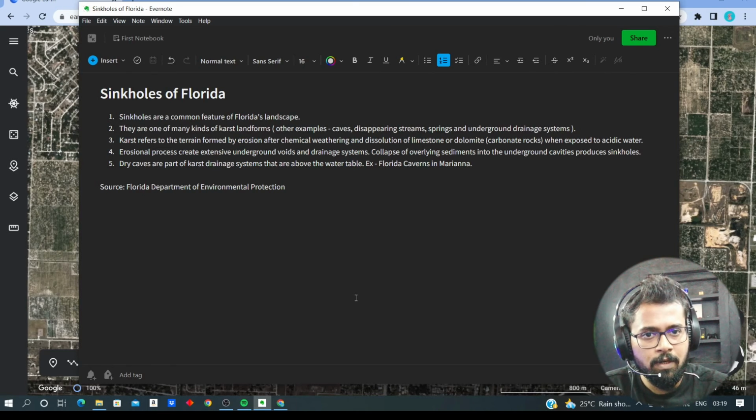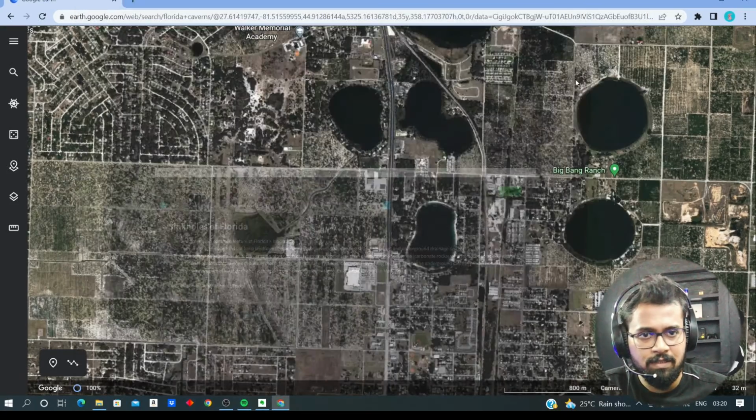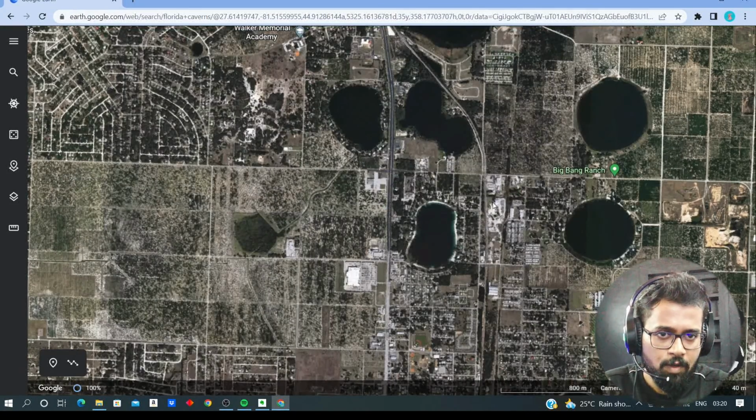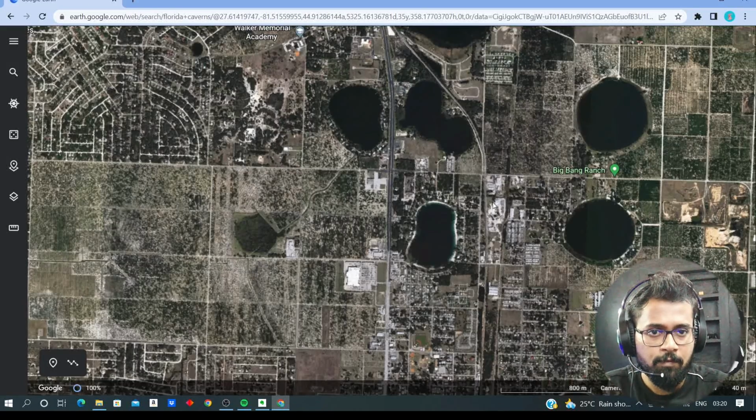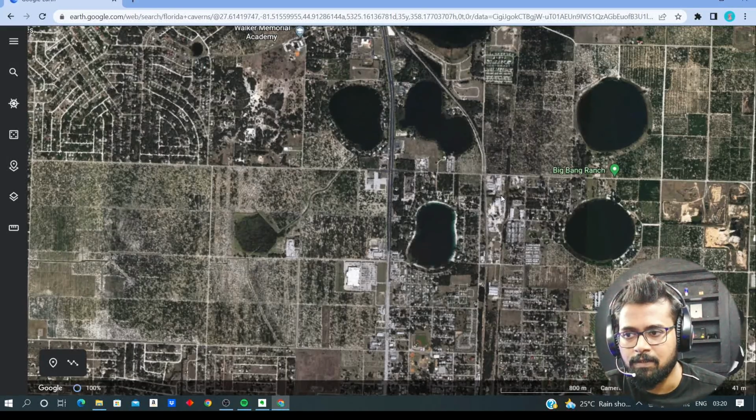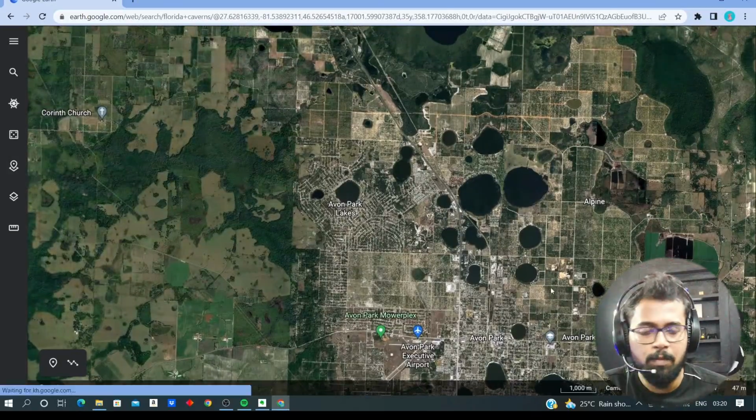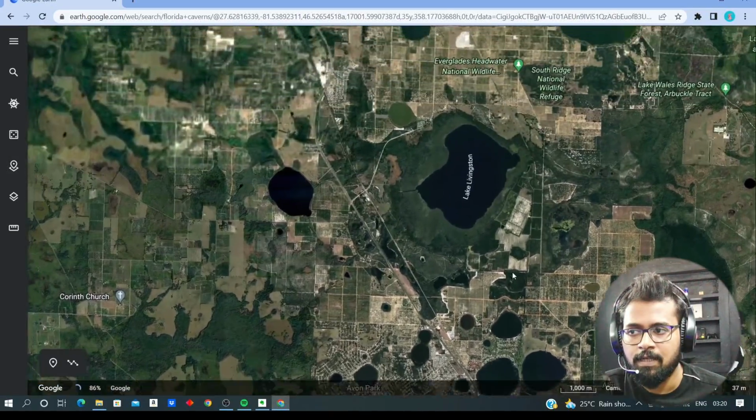I hope you understood this concept. You can apply this in the topic karst landform. This topic comes under the subject geography, and you can quote the example of Florida, right? It's a very good example because you'll be able to see a lot of lakes in this region.